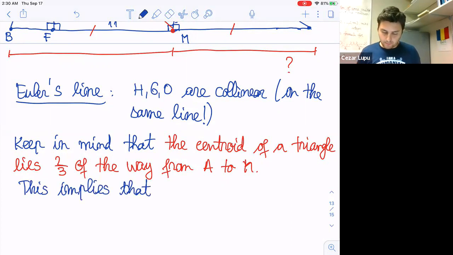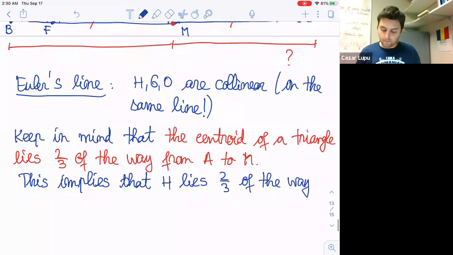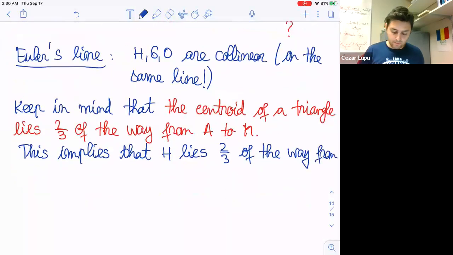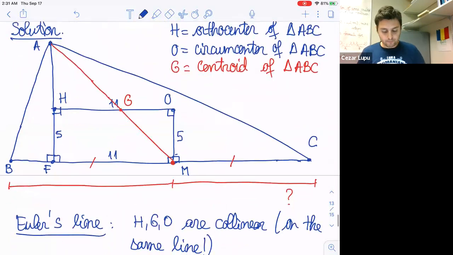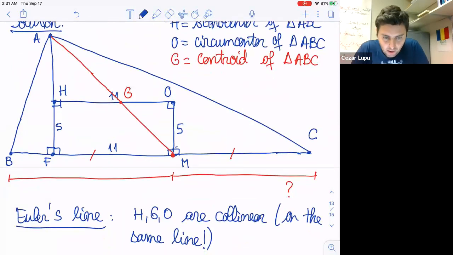H, the orthocenter of the triangle, lies 2/3 of the way from A to F, right? Okay, well, what does this mean? This means that, can we compute AF?